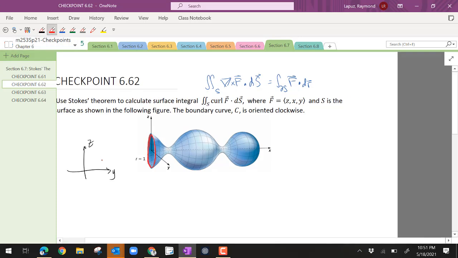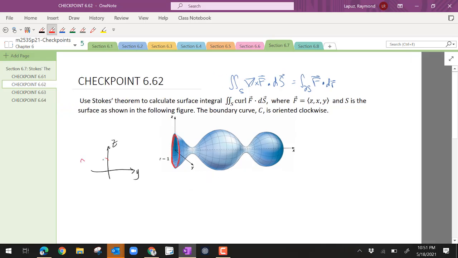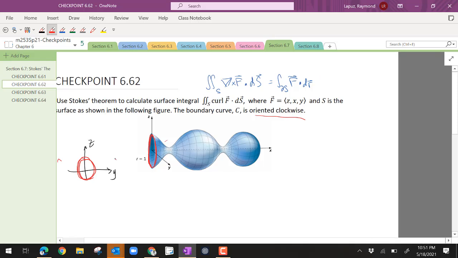Again, the orientation seems a little bit messed up with the graphics they gave. I think the y should be going the other way. In any case, pretending the x is pointing straight at us, we're going in the clockwise direction, so clockwise would be going down this way.